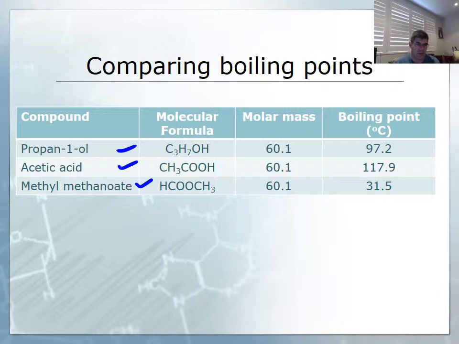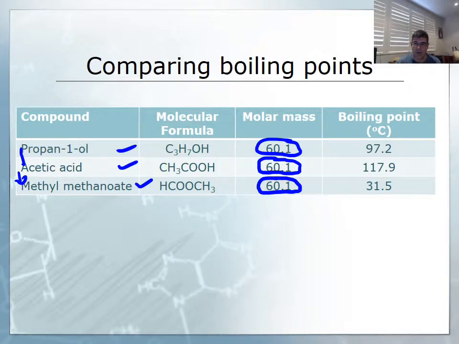The important thing is that they all have the same molar mass. And therefore, if they all have the same molar mass, then mass is obviously not a factor in any difference we may see in the boiling point. If they're the same mass, then that can't be the contributing factor.